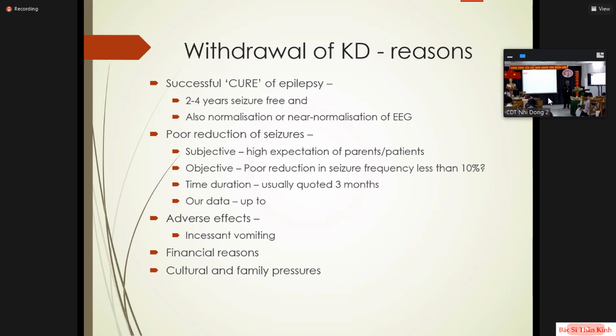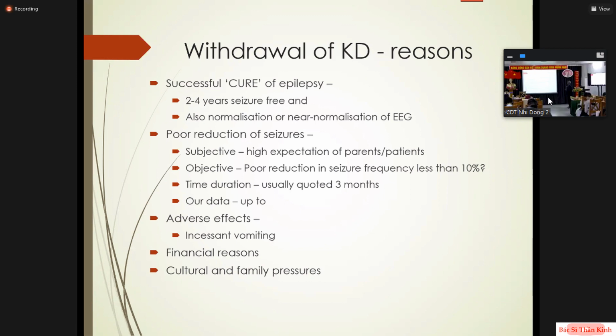At the most, 3 out of 10 may get 100%, 2 of them may get 99%, and 4 or 5 will be less than 90%. But for a parent whose child is having 20 or 30 major seizures a day, it's a lot. But they should understand: don't expect the moon. We can't do everything with this diet.